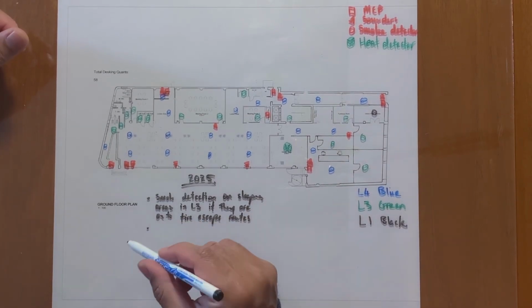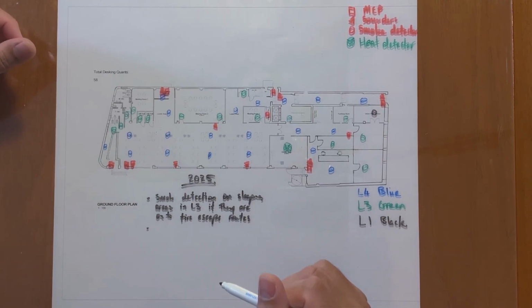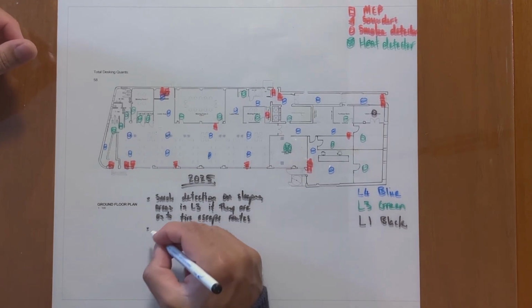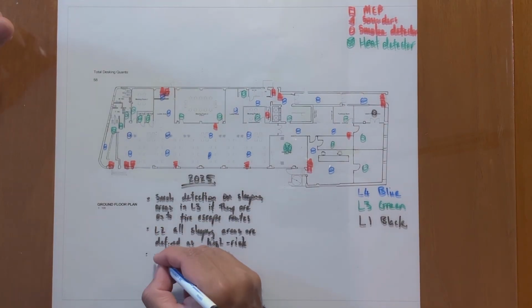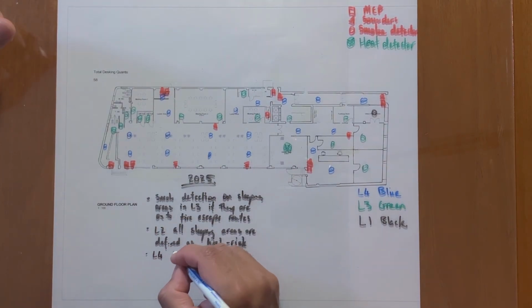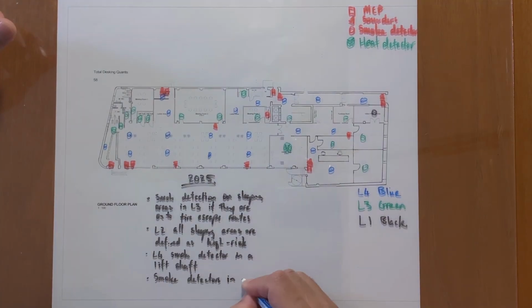Next, in an L2, all sleeping areas are defined as high risk. Next point is in an L4 system, we have to put a detector in a lift shaft. And then finally, as we said before, we have to use smoke detectors in sleeping rooms. Heats are no longer allowed.